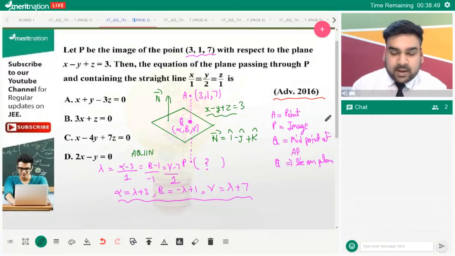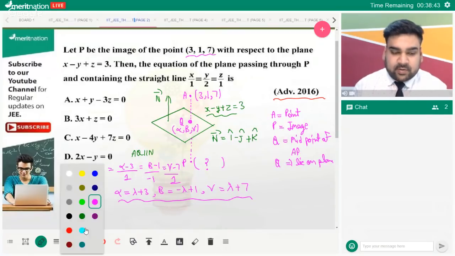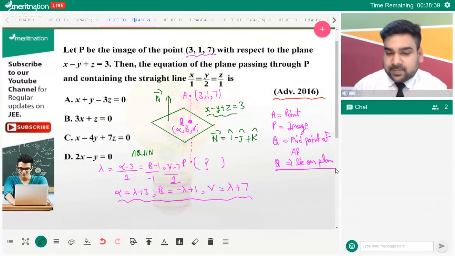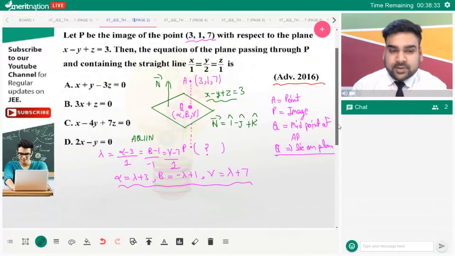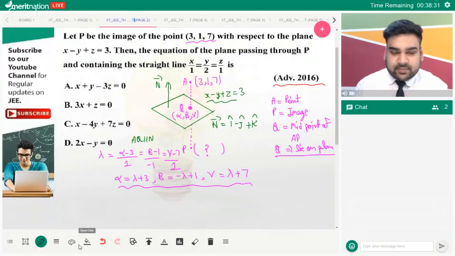If alpha, beta, gamma are known to us in terms of lambda, finding the value of lambda is very simple, because once again, what's the condition? That alpha, beta, gamma lie on this plane. The coordinates of the point Q are alpha, beta, and gamma, and they lie on this plane. So I can write that the equation of the plane is x minus y plus z equal to 3.